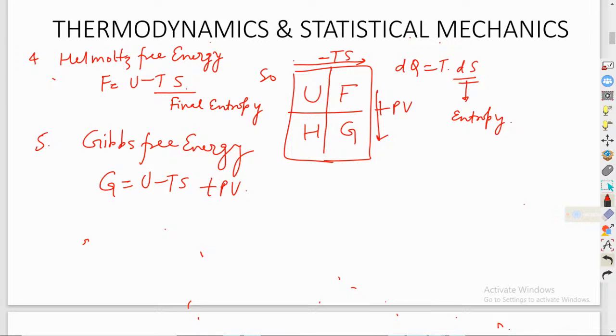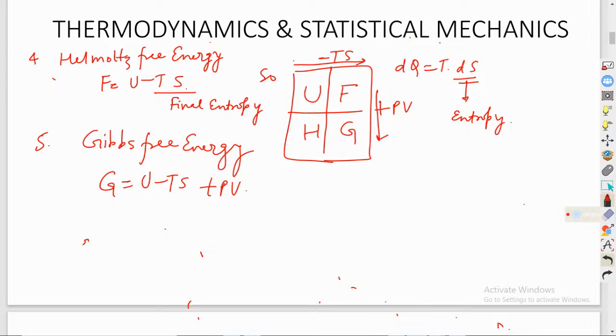Now the system works according to the work done. The thermodynamical system is usually a gas that is doing the work.